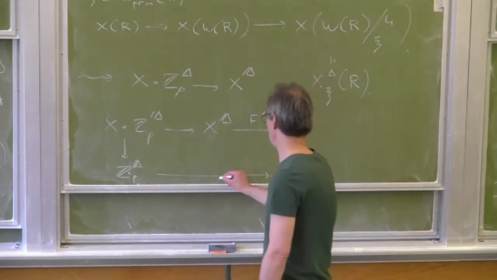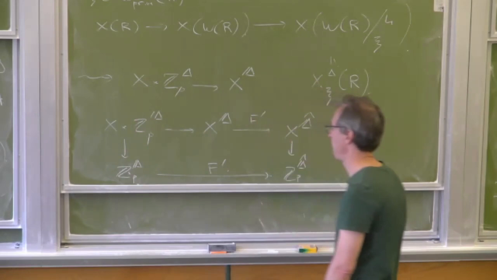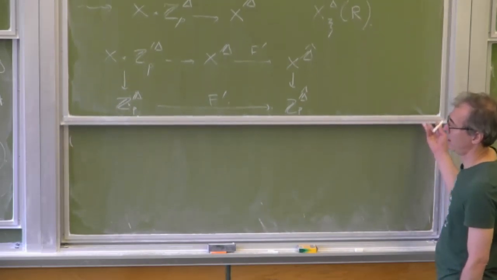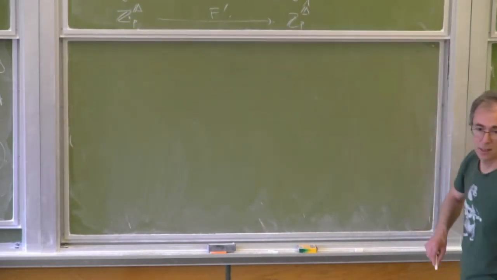This map is just one. So the naive expectation based on ignorance would be that there is a map from X cross CP prism sheared to X. Yes.